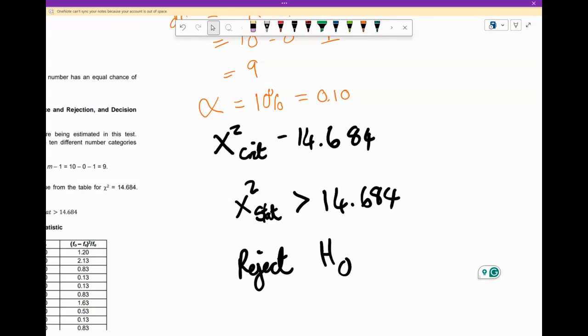If your chi stat is greater than it, we reject the null hypothesis. The only thing that will change is the number, it might be 21 something, it might be 6, 7, or 8. But it will always be that if our chi stat is greater than our chi crit, we reject the null hypothesis.